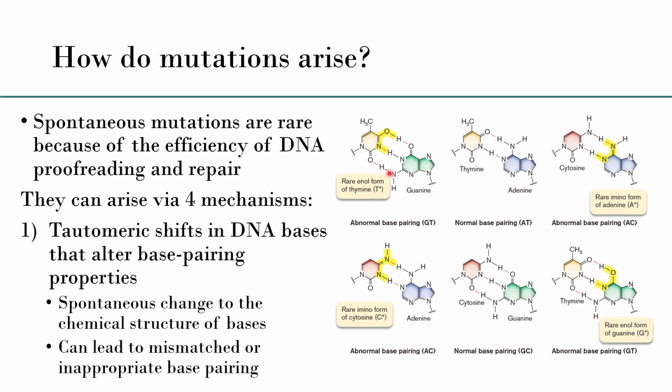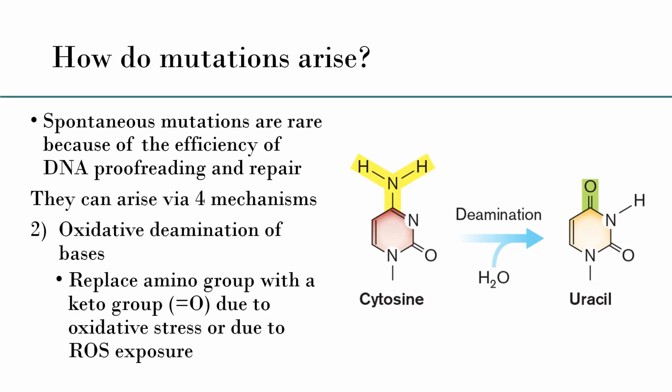This results in the thymine being able to pair now with a guanine instead of an adenine. So instead of forming two of those hydrogen bonds, it can now form three, and it will mispair with the wrong base. So it's things like that.